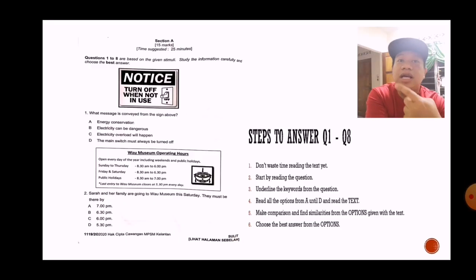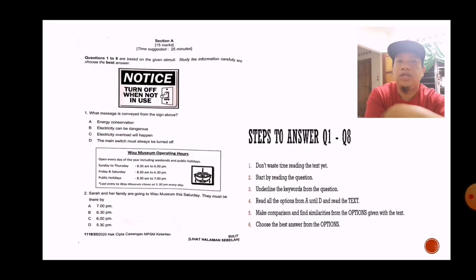Before that, let us look at the instruction first. Always read the instruction. Questions 1 to 8 are based on the given stimuli. So study the information carefully and choose the best answer.